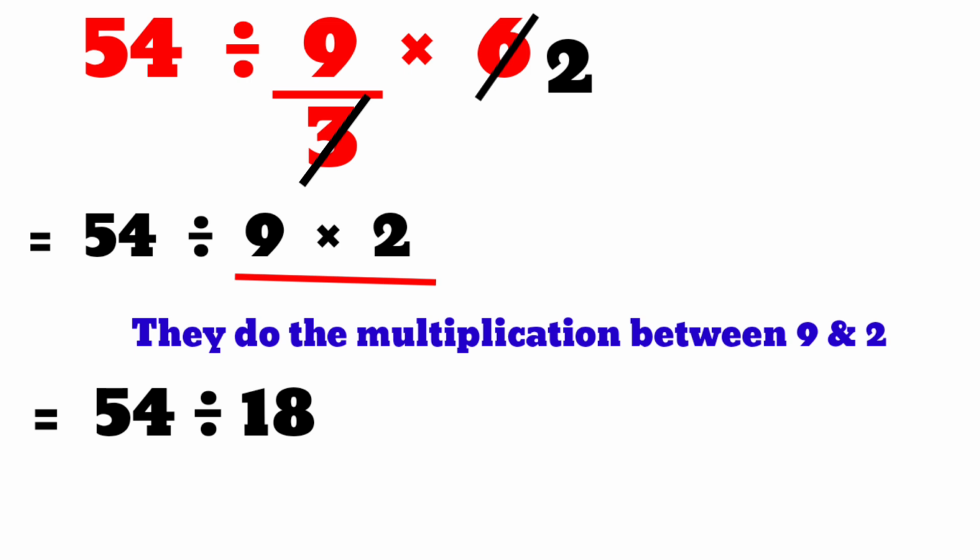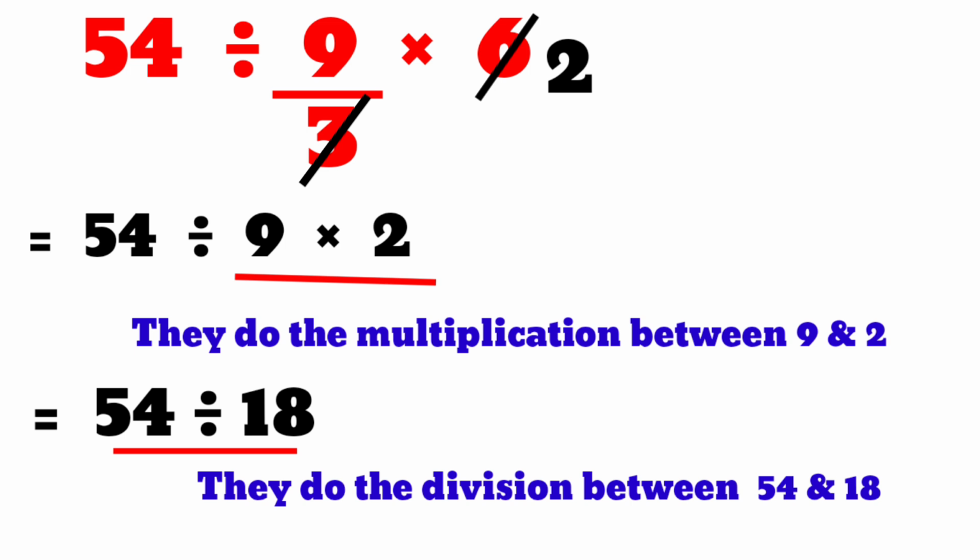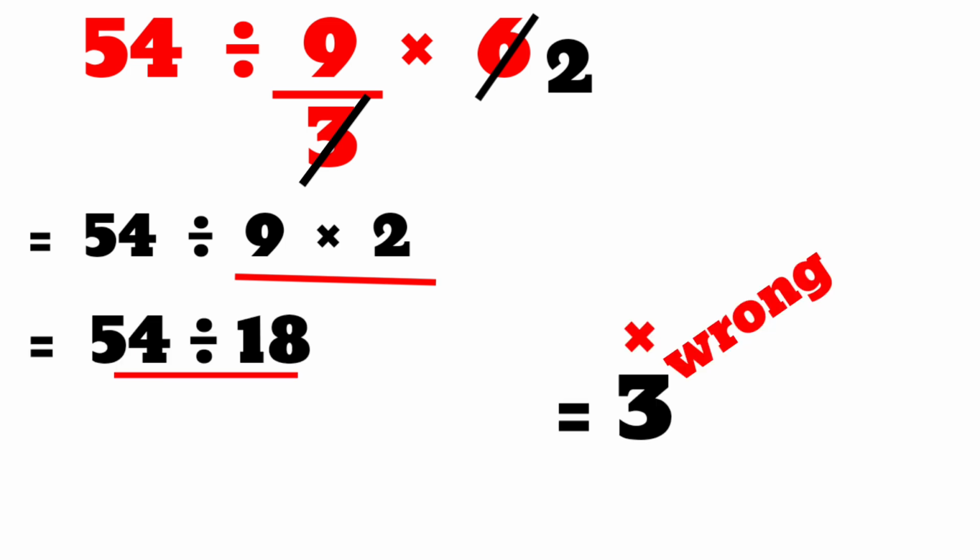Is equal to 54 divided by 18. Now they do the division between 54 and 18. Is equal to 3. 3 is the wrong answer.